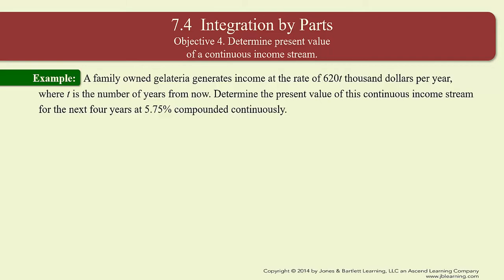We're going to determine the present value of this continuous income stream for the next 4 years at 5.75% compounded continuously. So we're going to have to look at all these words and determine the rate of flow function, f of t, so that we can then perform the calculus. Have this written down because I'm heading off to the chalkboard to work it out.